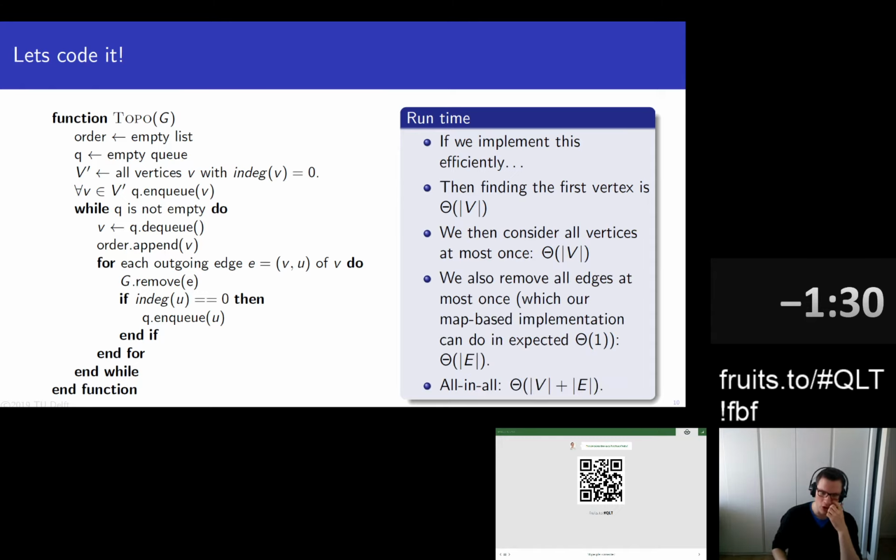And we consider all of the edges once, and in fact we remove all of the edges from our graph once. Well, in the map-based implementation that we saw last week, we can do this in theta 1 time. So removing every edge, that's theta e. So all in all, it's v plus e. If there's way more edges, that one will be the dominant factor. If there's way more vertices, that one will be the dominant factor. But both play a part.